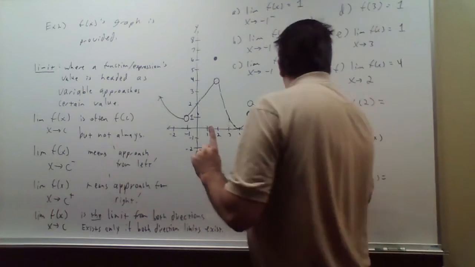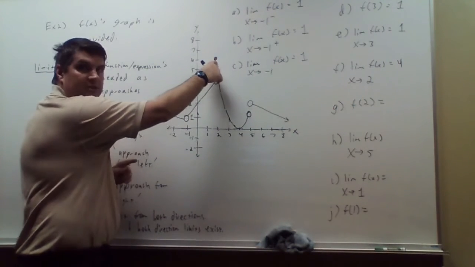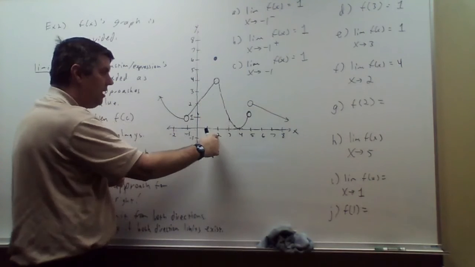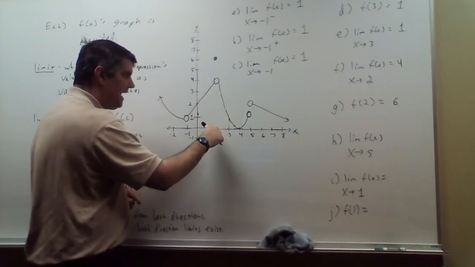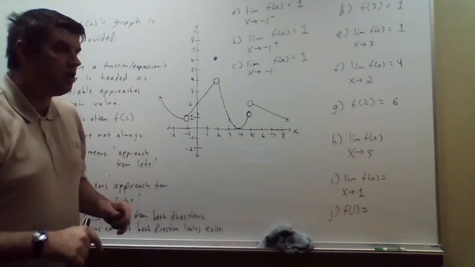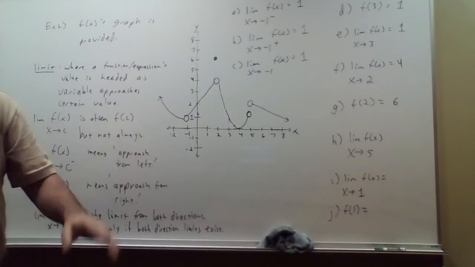But the actual function value is 6. There's a closed dot over top of the 2. So the function value at x equals 2 is actually 6. So the limit and the function value were different.